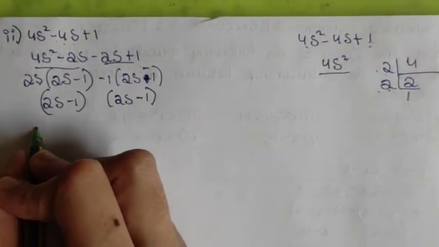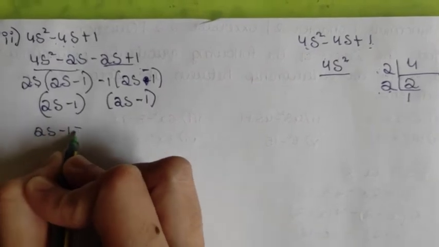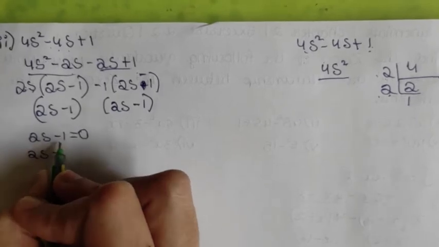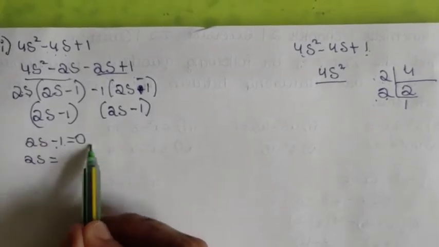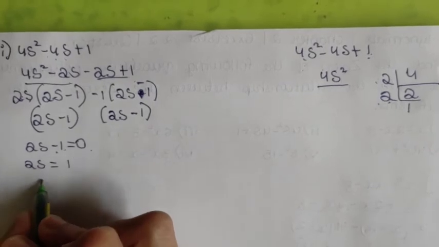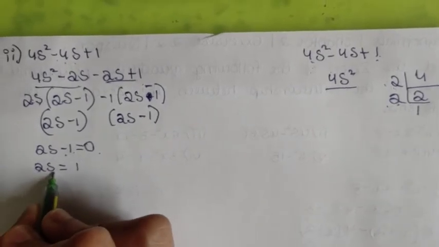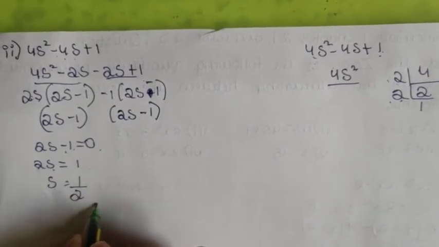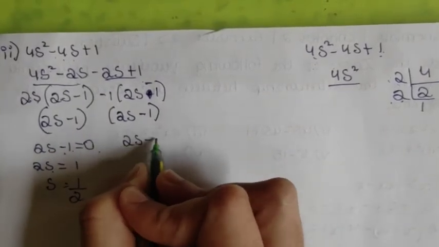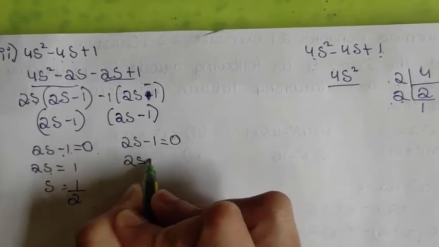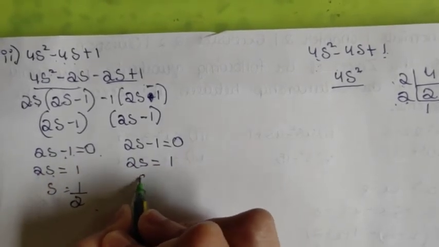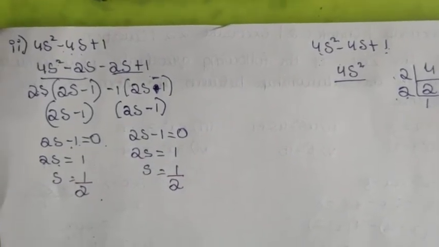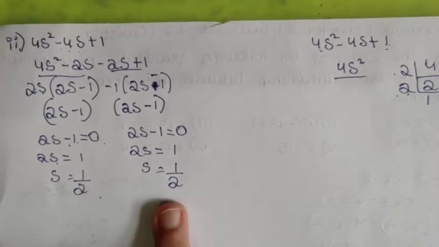So that will become 2s minus 1 is equal to 0, that becomes 2s equals plus 1, because minus 1 when it goes to the other side becomes plus 1. And this 2 is multiplied with s, so on the other side it divides, so s becomes 1 by 2. Again the same: 2s minus 1 is equal to 0, so s is 1 by 2. So we got 2 zeros, that is 1 by 2 and again 1 by 2.